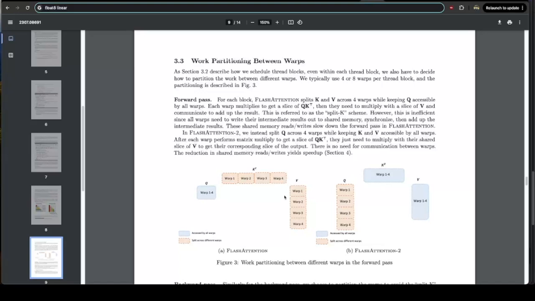So between warps, we'll actually have to do synchronization, because these are blocks of execution that we'll have to coordinate with each other.